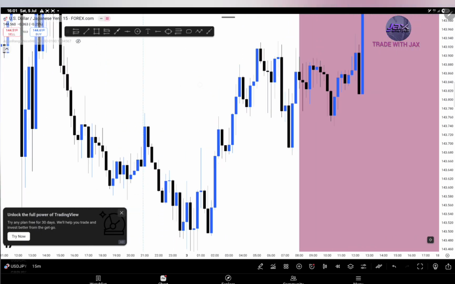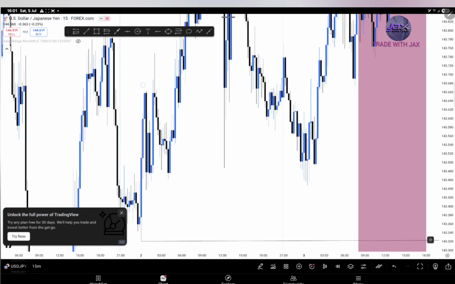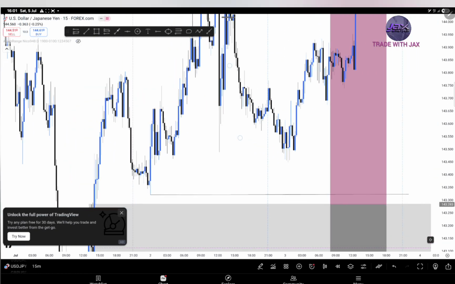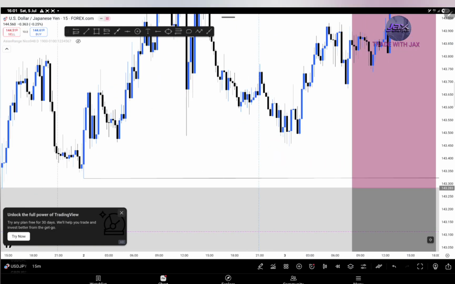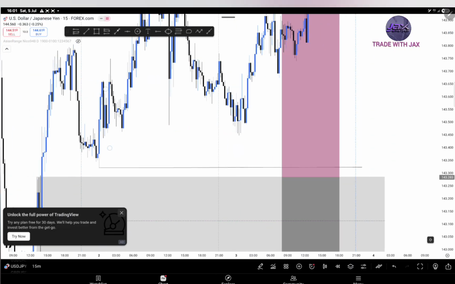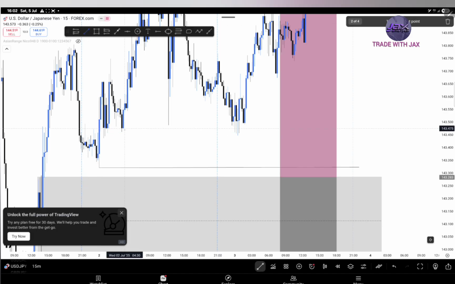Let's say for example we have this right here. This was a short reversal point because price is trying to create inducement for the main move.